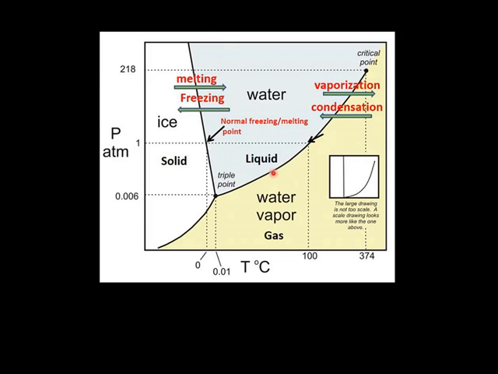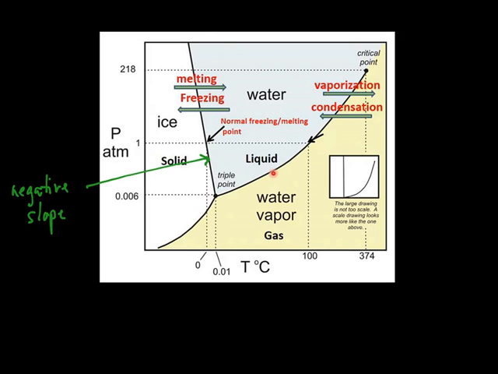One more thing to say about the phase diagram of water is that you'll notice that the line pertaining to the freezing and melting point has a negative slope. This is very different for water than for all other types of compounds.